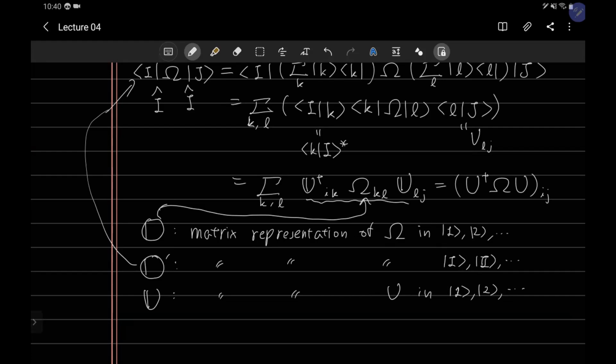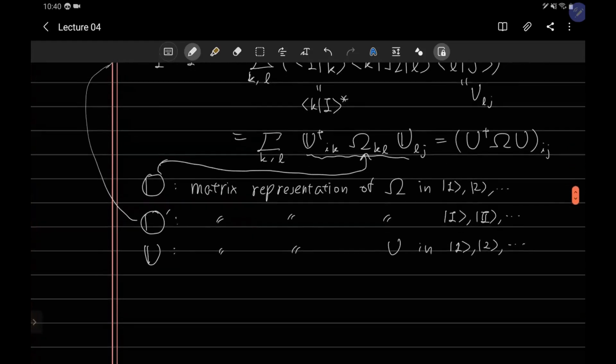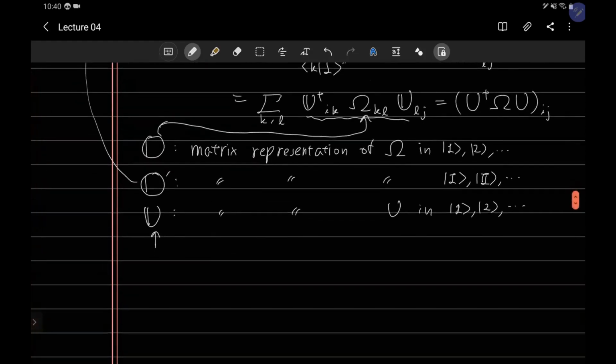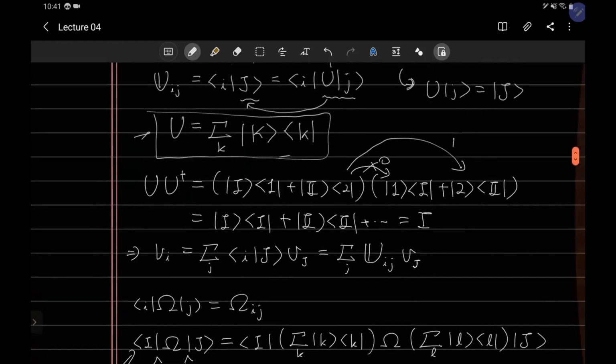And then the next question is, what does this look like in the 1 and 2 basis? The only way to find out is to calculate the ij component, which means I U j, and again we can just use the definition of U, which is here.